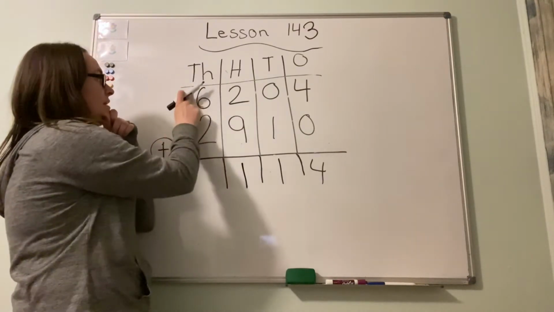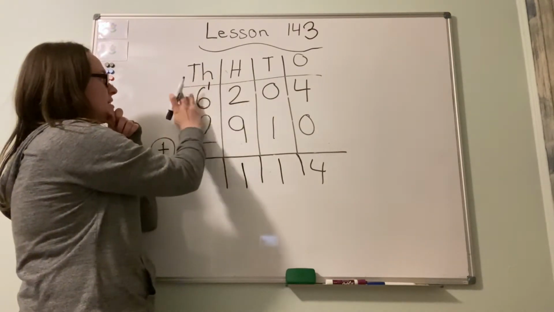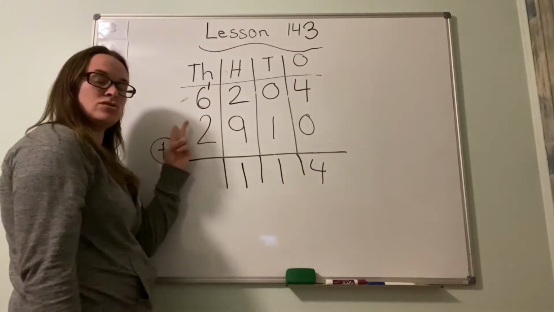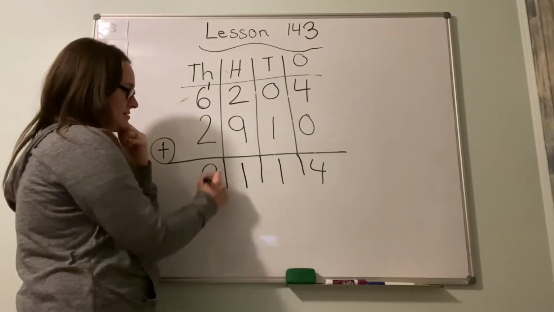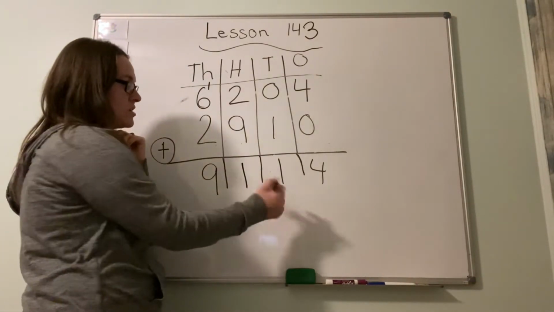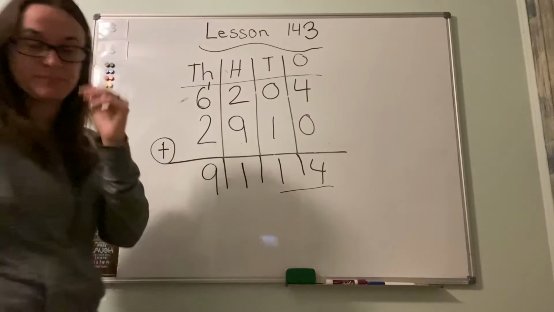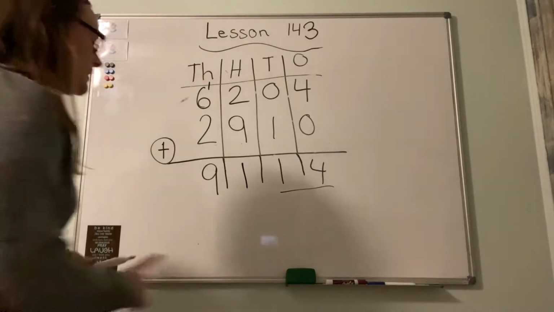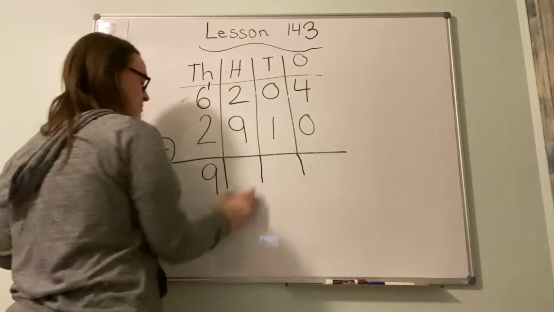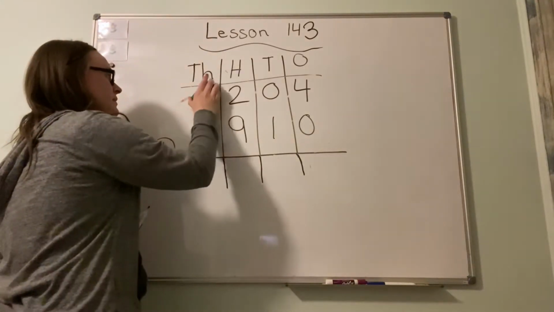So now, let's carry it up here so we can tell, 6 and 1 more is 7, plus 2 more, 9. So what's my answer? 9,114.